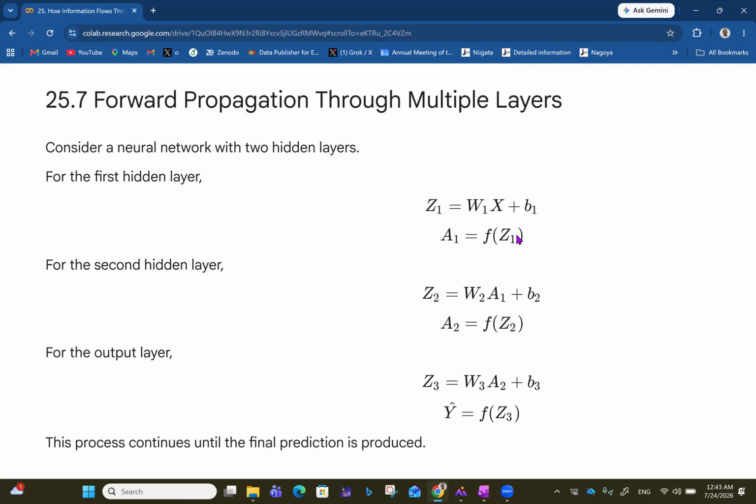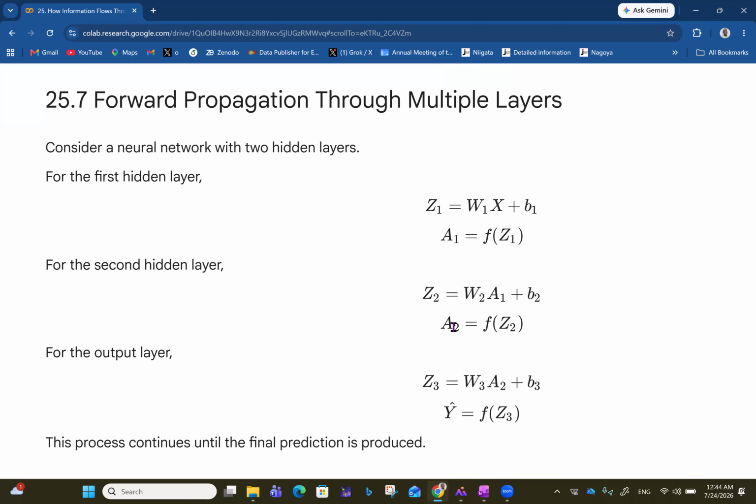The activation function here could be maybe ReLU, and then you come here and maybe you do sigmoid, and then you come to the next layer and you have another kind of activation function altogether, maybe Tanh, depending on whatever you're dealing with. So for the second hidden layer, Z2 is W2 multiplied by the activation value A1 you got from the previous layer, plus B2. Then you apply the activation function the second time and you have A2, which is f(Z2).